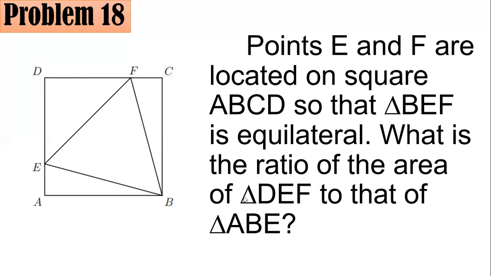Two people sent their answers. Let's see. Okay, someone said 12 is to 1. Someone said also 2 is to 1. Let's see. Some more. Are one of those correct? Okay, actually, one of those who sent an answer is correct.